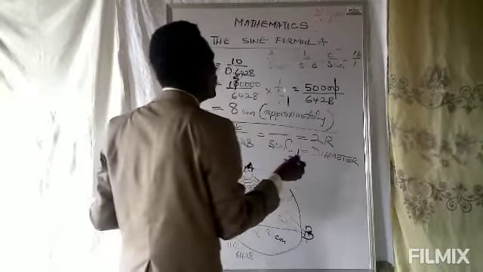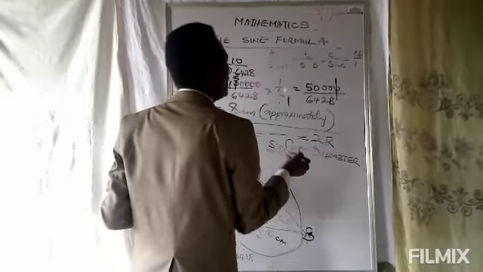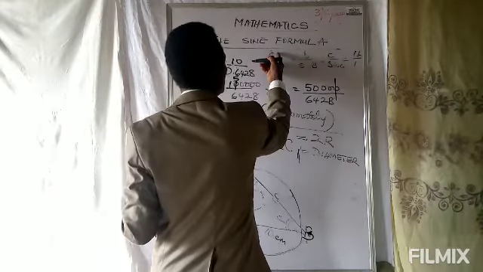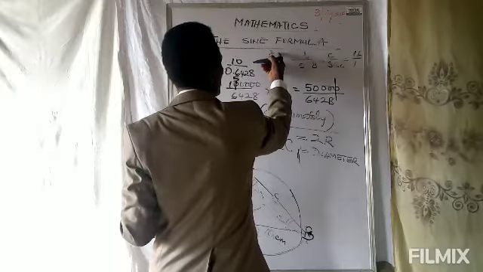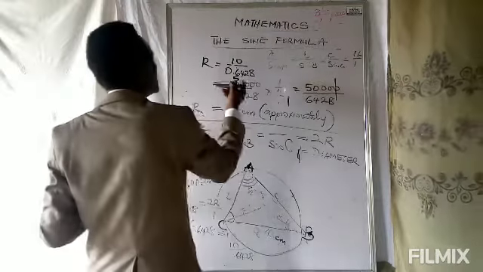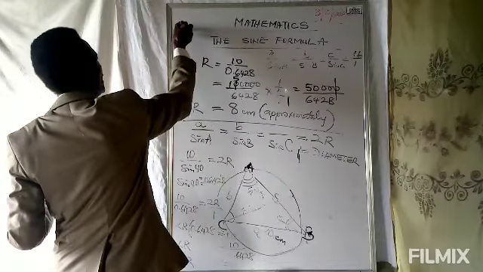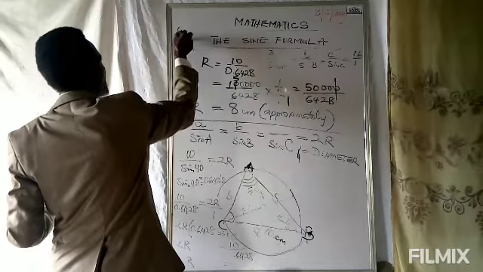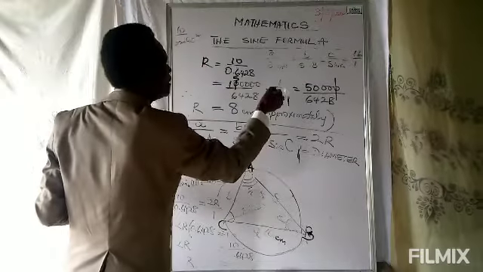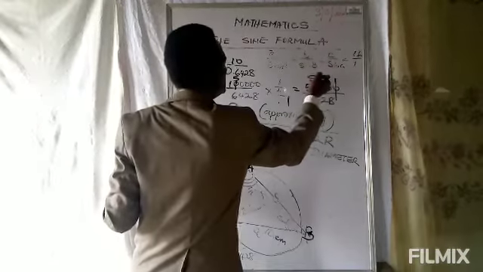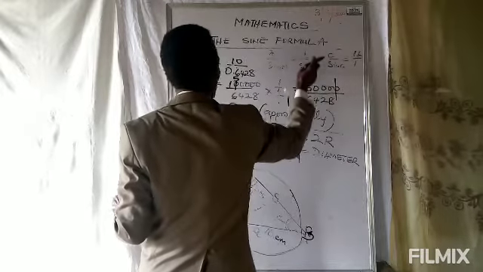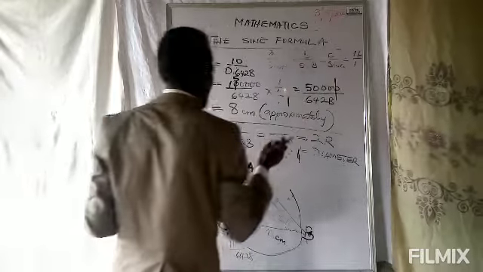So we know that at 40, that is 10 over sine 40. So we can say that 10 over sine 40 is equal to b over sine B.